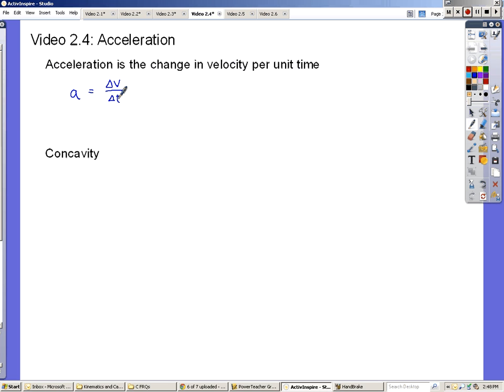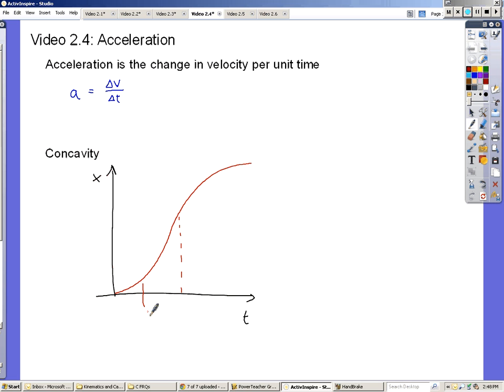But the way it's represented on the graph is by concavity. So let's say you have a position versus time graph. And it looks like this, and then it looks like this. And then here, this region of the graph is concave up, and this region of the graph on the right is concave down.